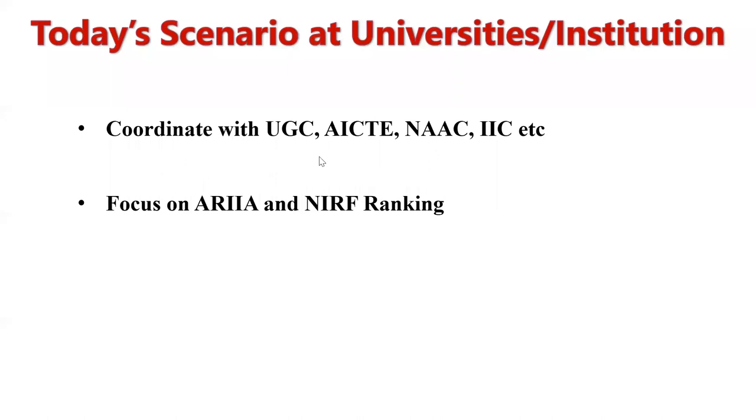UGC is asking to offer the IPR subject as an elective in the curriculum. NAAC is assessing the institution and accredits the higher institutions on the basis of a quality indicator framework. So it is asking how many patents you generated, and AICTE is also asking to establish the IPR cell.